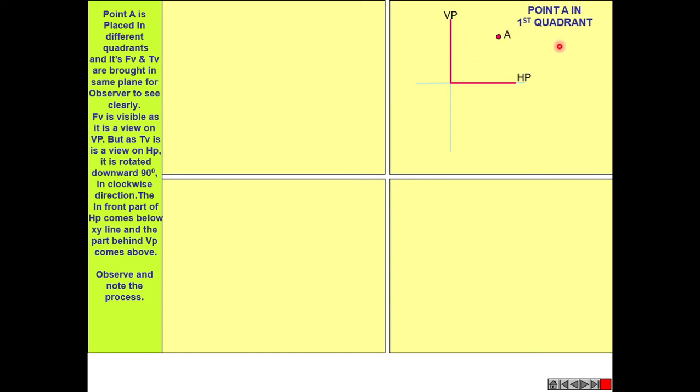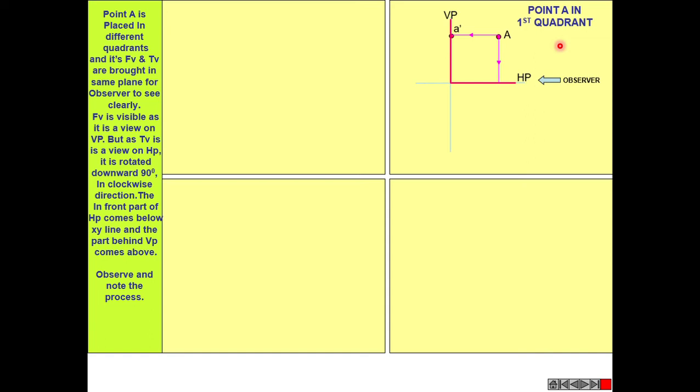Now the observer is here. When the observer is looking from this side, he will get the projection of this point A on this vertical plane, and that view we call the front view. The front view always lies on VP in case of the first quadrant, and its notation is A dash.